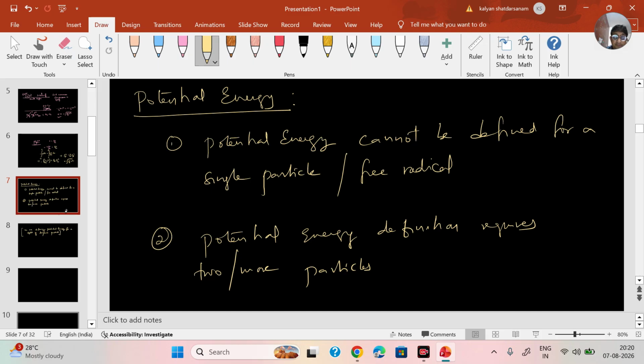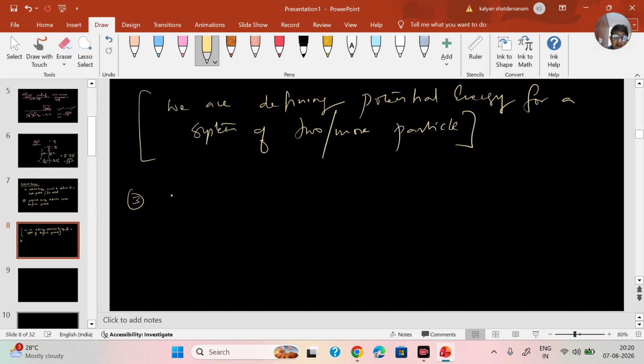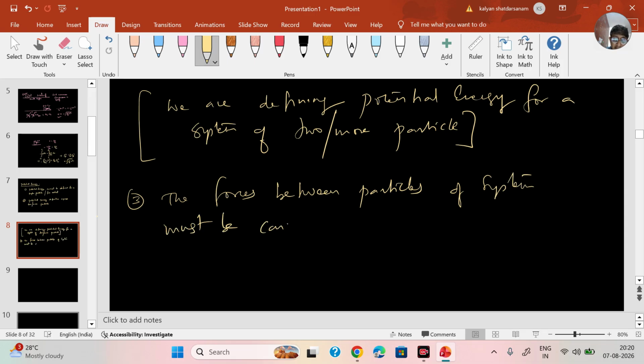Then third point, the forces between the particles of the system must be conservative. There must be forces first between the particles of the system, and the forces between particles of the system must be conservative. So what am I saying here? I am talking about internal forces now.